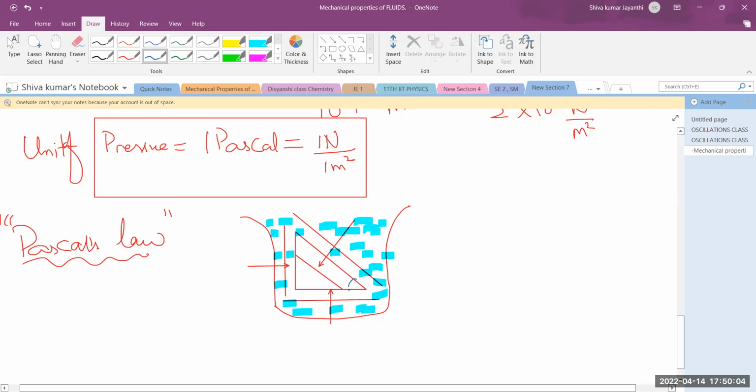So here there is one angle. Now, this pressure, what is pressure? This is a force F. This is surface B, this green color surface.